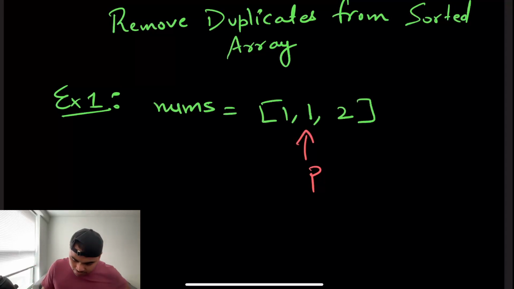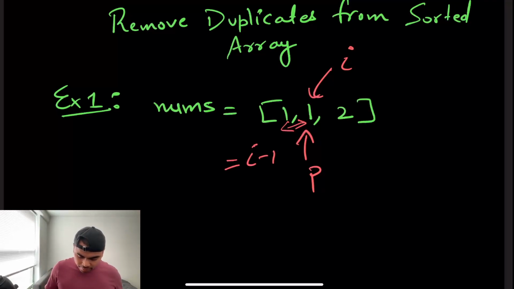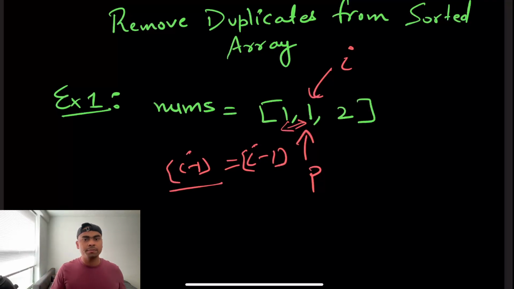So if we see here, this is where my i will be pointing initially if I'm trying to iterate over my array nums. I check if nums[i] is equal to nums[i-1], and remember I'm talking about the values here. If these are equal, I will just ignore it and move on to the next value.